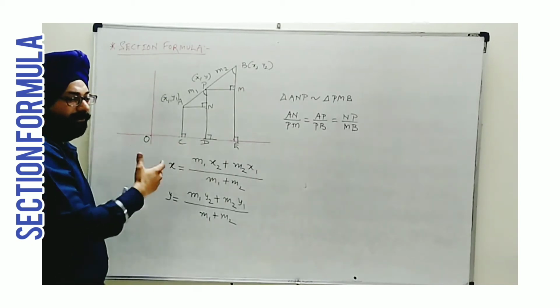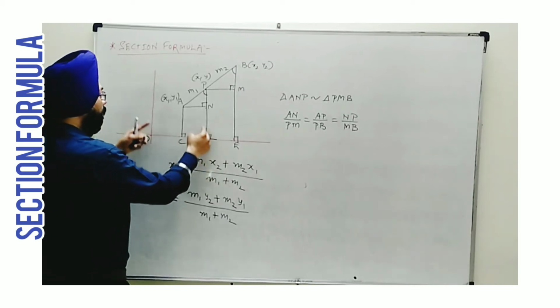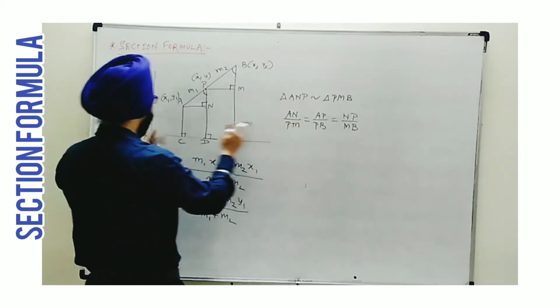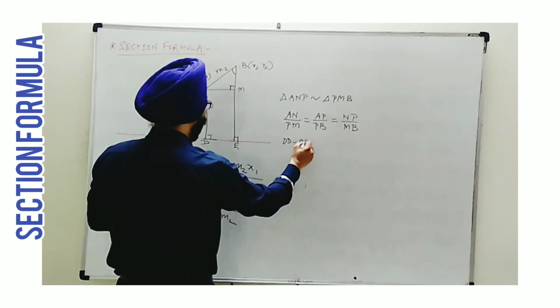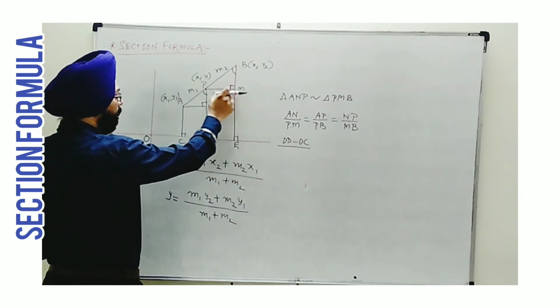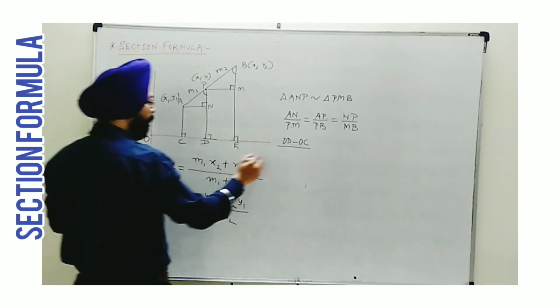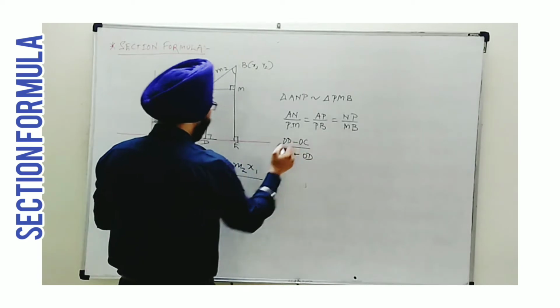We have done such a concept in the distance formula also. Now length OD is equal to X. First of all, we can write this AN as OD minus OC, and PM, this is equal to DE, so this will be written as OE minus OD. After this, put the values.